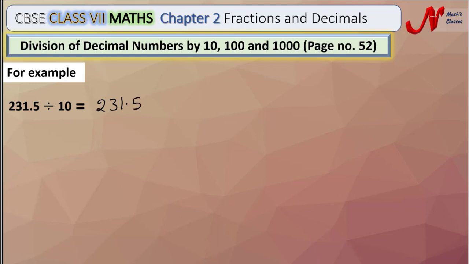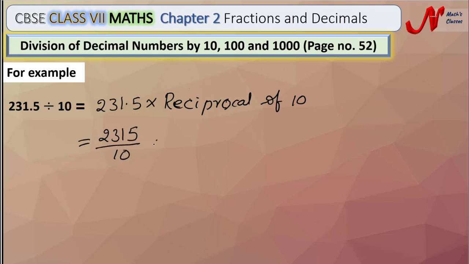Now we divide 231.5 by 10, so it can be written as 231.5 into reciprocal of 10. It can be written as 2315 by 10 into 1 by 10, which can be written as 2315 by 10 into 10 is 100.